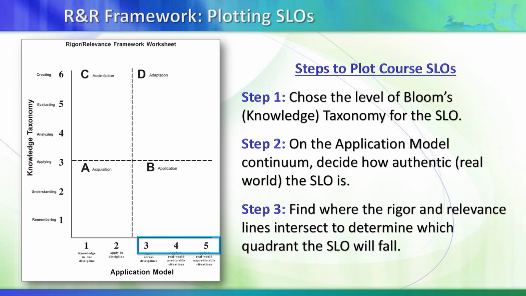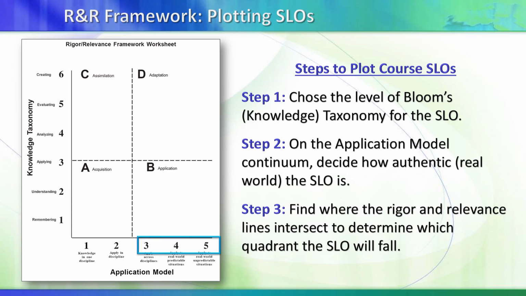It can sometimes be difficult to decide where an SLO or EO falls on the application model continuum. The main thing to focus on is which of the 4 quadrants the SLO or EO lies within. Notice that no matter whether an SLO is at a 3, 4, or 5 on the application model, it will fall in either quadrant B or D, depending on its level of Bloom's taxonomy.